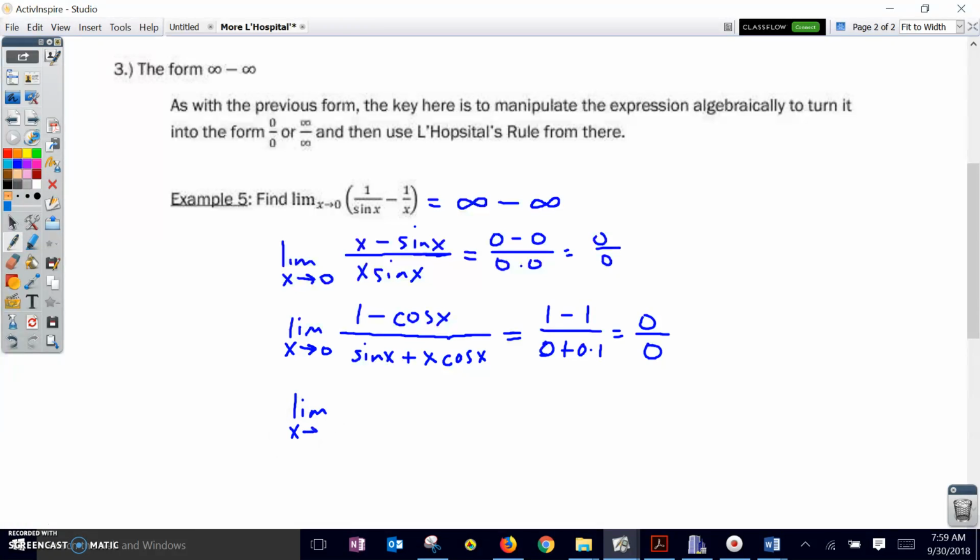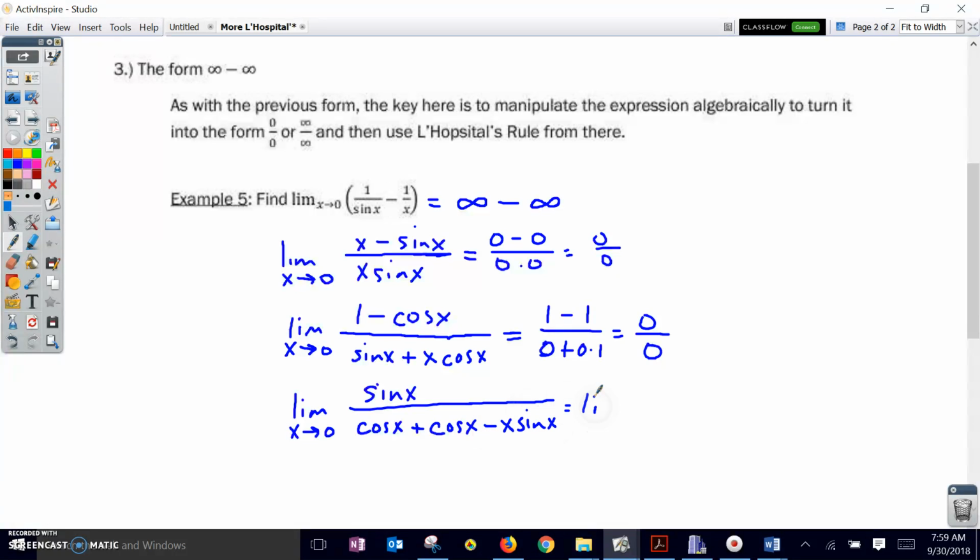We've got the limit as x goes to 0 of the derivative of the numerator, which is just going to be sine of x. And the denominator is going to be cosine of x plus 1 times cosine of x plus x times the derivative of cosine, which is negative sine.